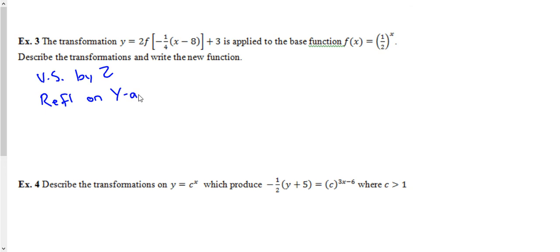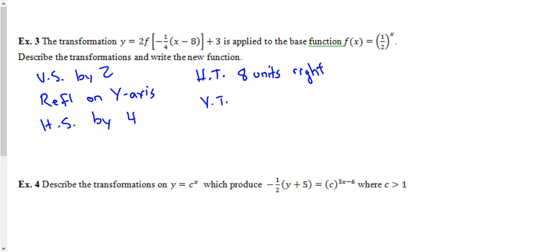We have a horizontal stretch by a factor of 4. We have a horizontal translation 8 units to the right, and we have a vertical translation 3 units up. That's all of our description for it.